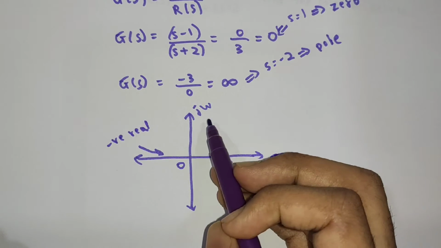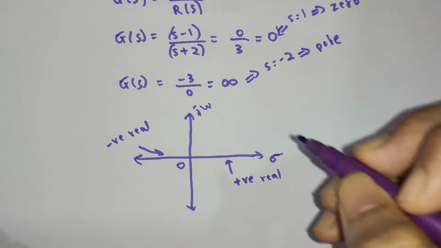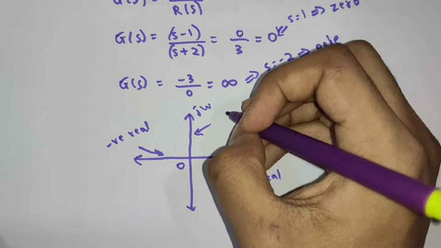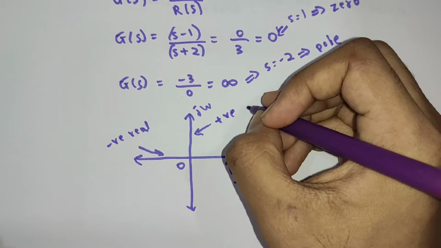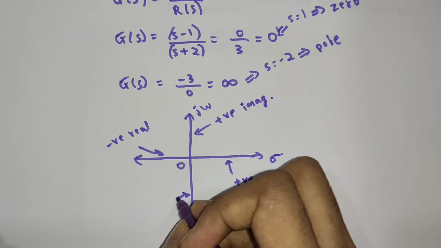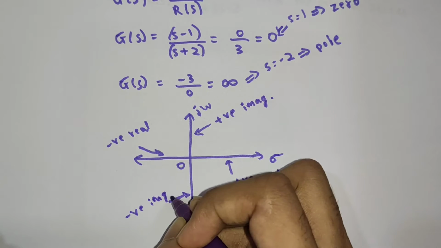And here it is j omega, so you have to always keep in mind that on the y-axis the imaginary value will be plotted. Here positive imaginary values will be plotted, and here negative imaginary values will be plotted.